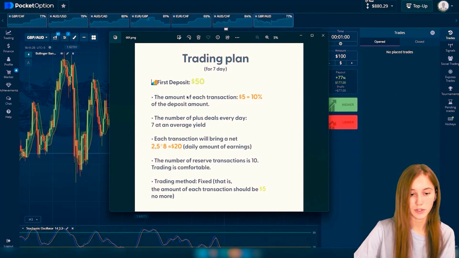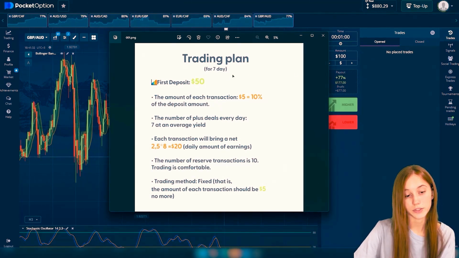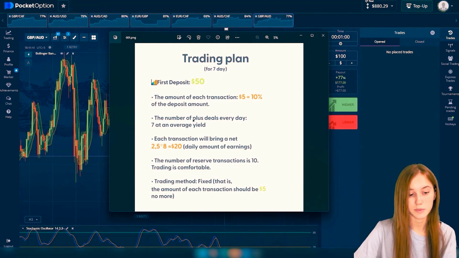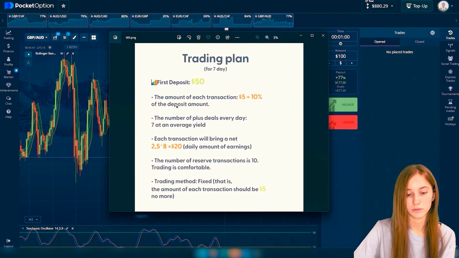You can see 3 average rate percentages. It brings you respectively $2.50. This also increases your deposits.